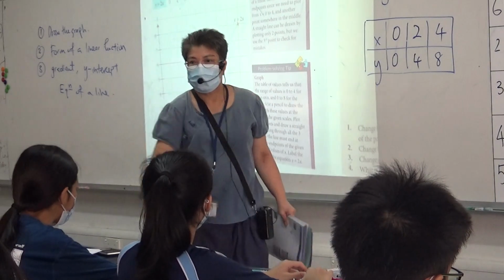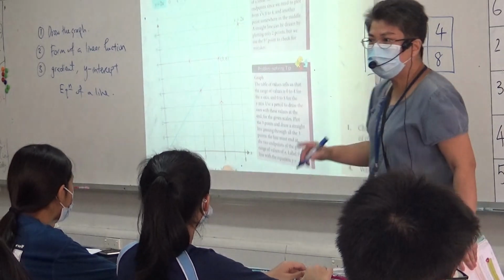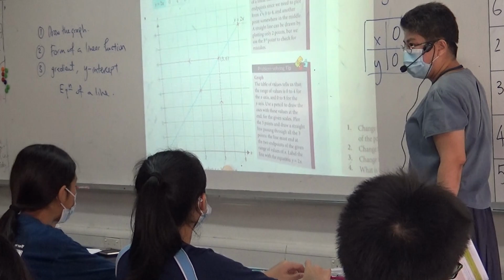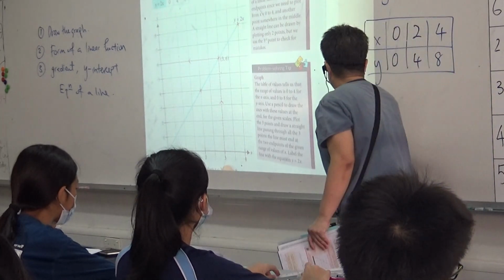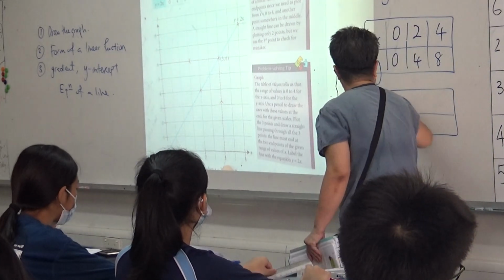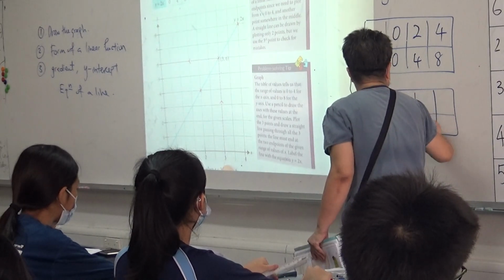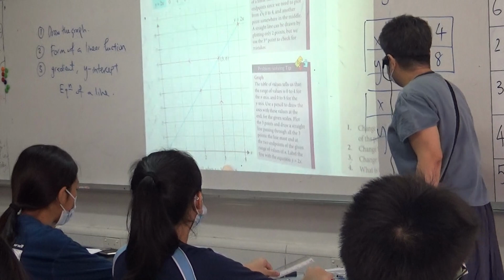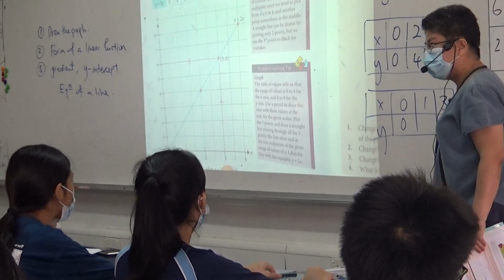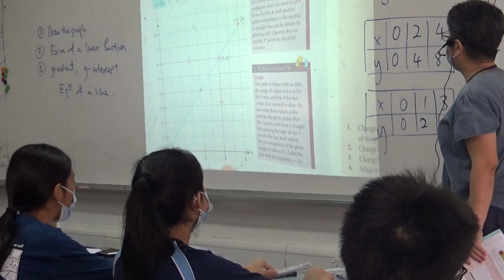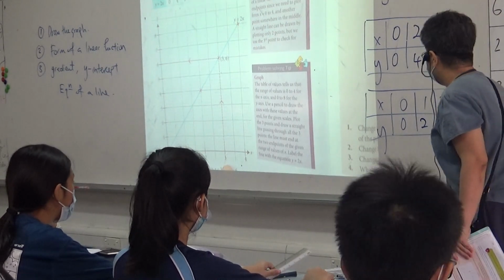Now, some students will ask me, John, what if I didn't use 2, 4? Supposing another friend gives you another table, x, y, and they say 0, I want 1 and 3. When x is 0, y is 0, right? When x is 1, y is 2. When x is 3, y is 6.